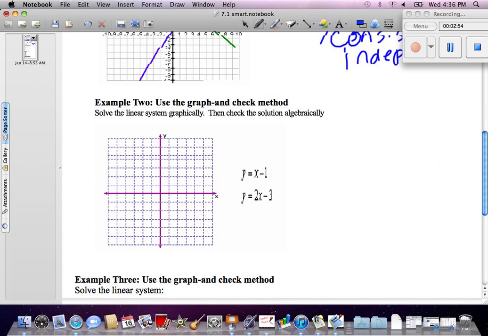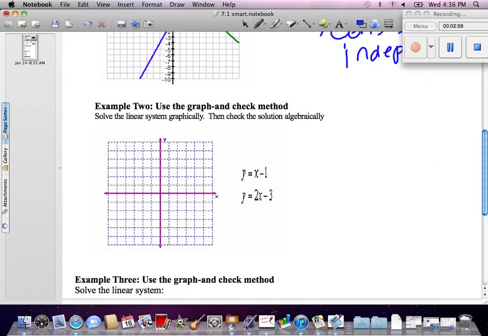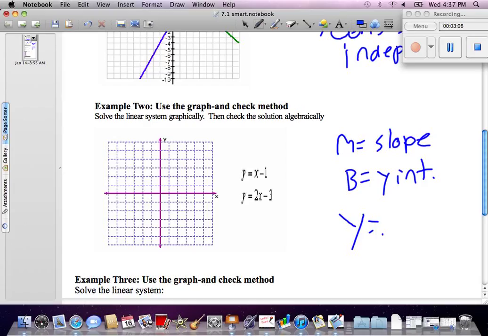Okay, if we move on to two equations, now we're going to graph these. Remember, m is our slope, b is our y-intercept. This should all be review, and they're set up in y equals mx plus b. If we look at our first line, which I'm going to do in blue, we graph the b, the y-intercept, first, which in this case would be -1.